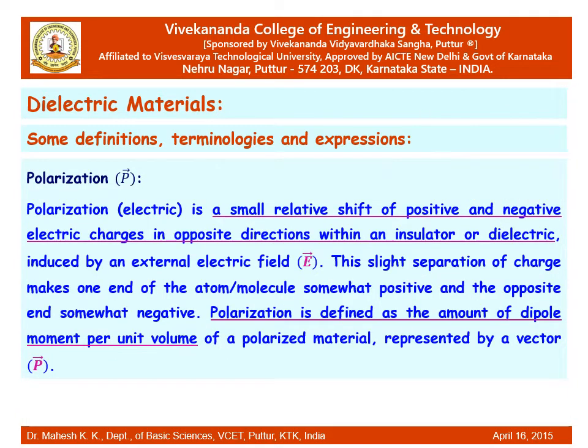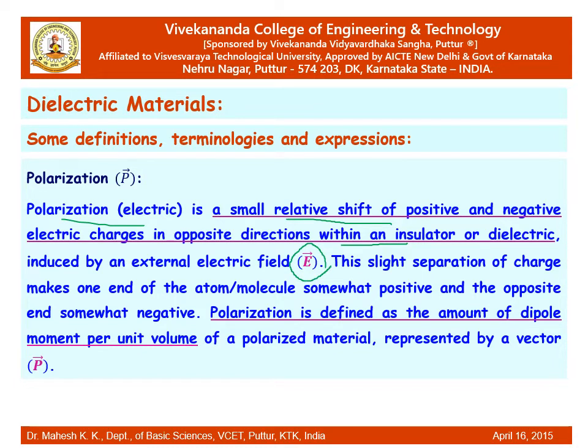So in the previous slide we have seen a few of the definitions, continuing there. Polarization is a small relative shift of positive and negative charges in opposite directions within an insulator or dielectric material when an external electric field, which we will mark as E vector, is applied.